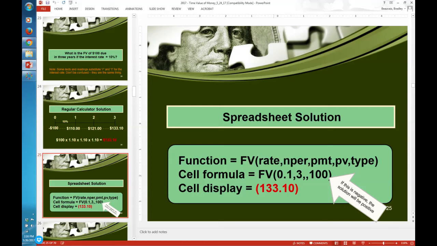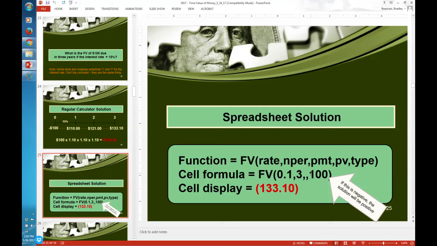Type in our rate. In this case it's 10%, and you can enter 0.1, or you could enter this as 10% with the percent sign, comma, 3 years, or the number of periods, that's N per, is 3. We're skipping over payment at this point. That'll become important when we start talking about bond valuation and annuities, but for now we just leave that blank. And then we have a present value of $100.